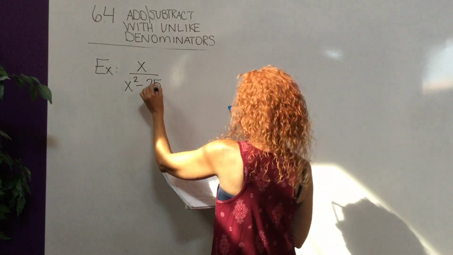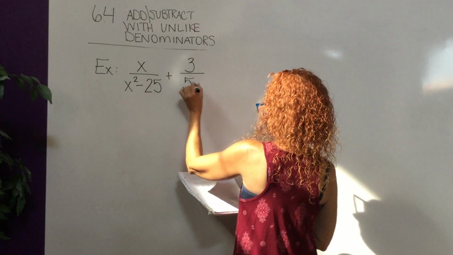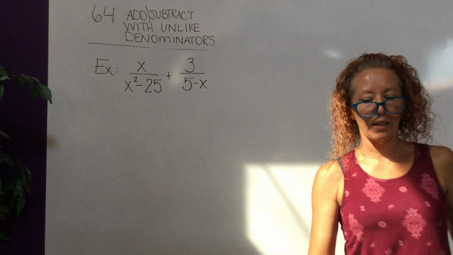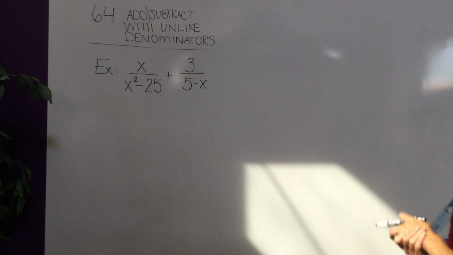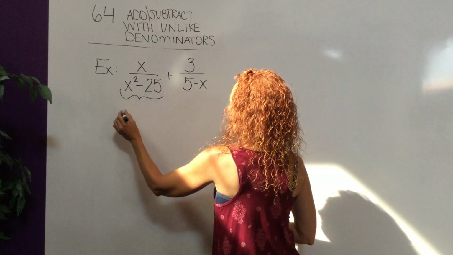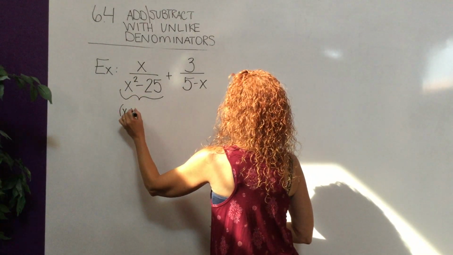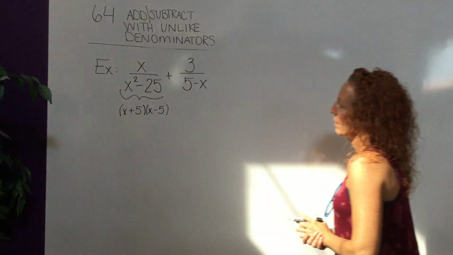So let's look at this one. All right, this is a perfect example of how this can work. All right, we need a common denominator, so we're going to factor. So I'm going to factor x squared minus 25 to x plus 5, x minus 5.